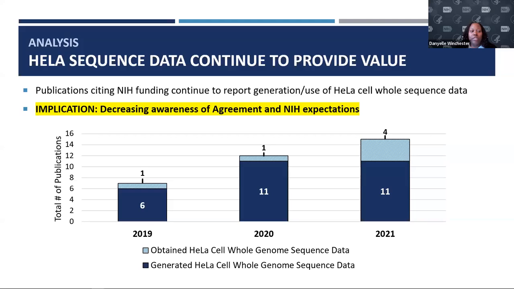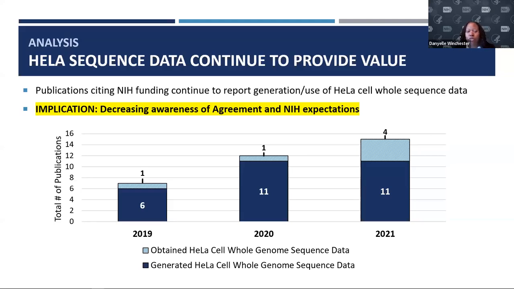From that analysis, we found that publications citing NIH funding continue to report generation and use of HeLa whole genome sequence data. So from that analysis and from the data shown in front of you, we came to understand that maybe there's a decrease in the awareness of the agreement and our NIH expectations that can explain what we're seeing in the diminishing of data access requests.